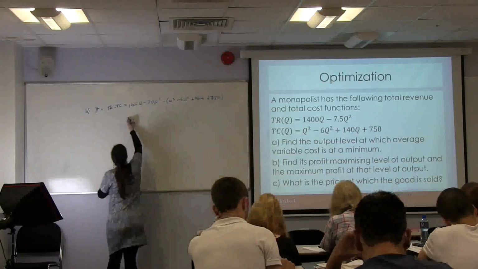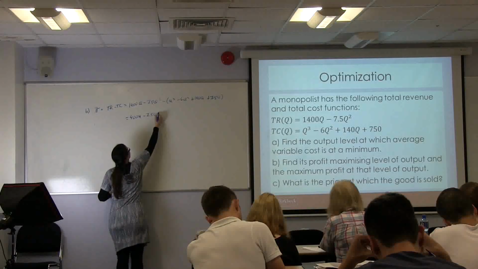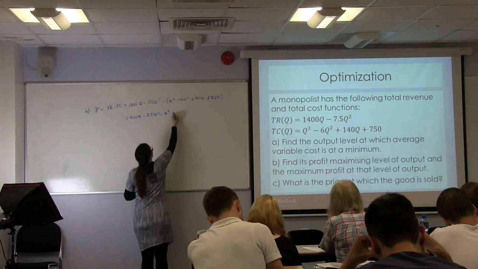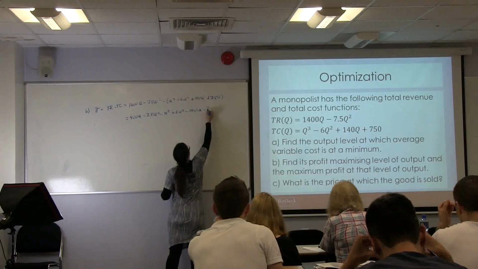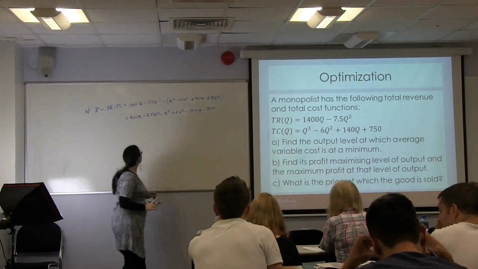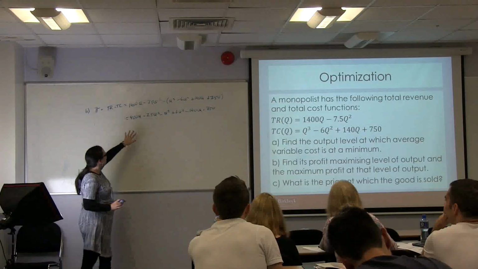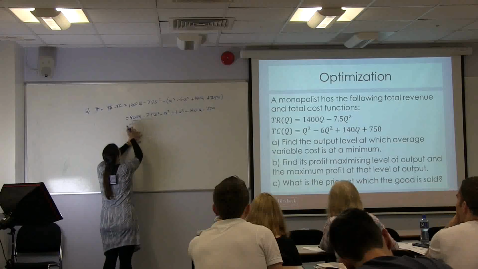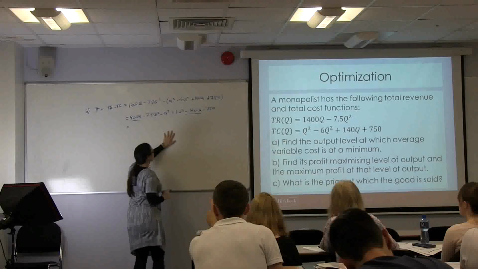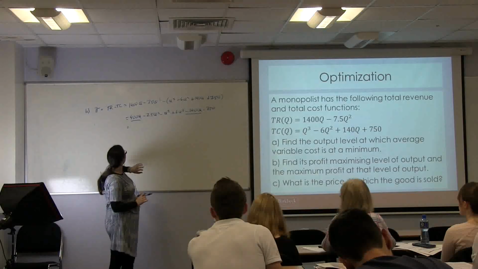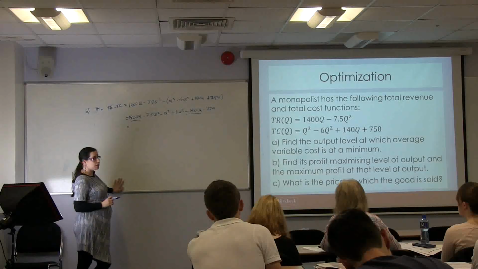Okay, so break up the bracket. And then look at the numbers. So I've got 1,400Q minus 140Q. Did you lose the one? Oh, yes, I did lose the one from the 1,400. I would have maximized the wrong profit otherwise.